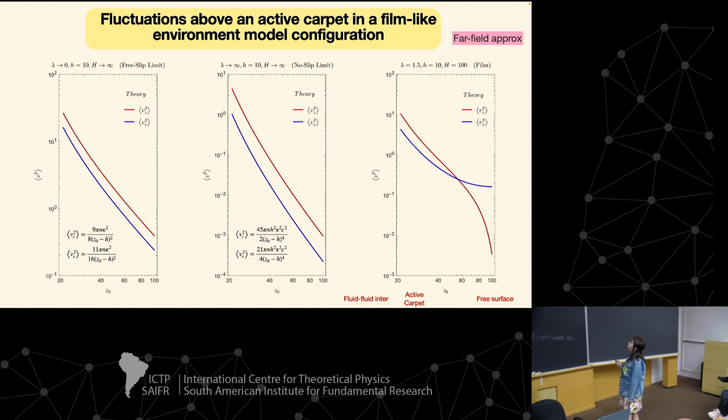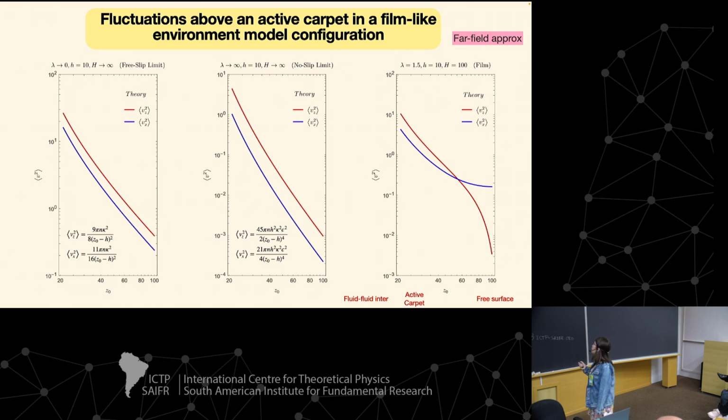In this case, as you remember, this is the variance of the velocity fluctuations. If we consider that the active carpet is at about this distance from 0, we again observe that the vertical fluctuations are larger than the horizontal fluctuations. But at some point, when we go further from the active carpet, we find a crossing of the fluctuations.